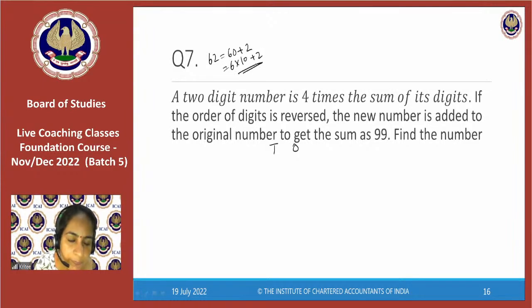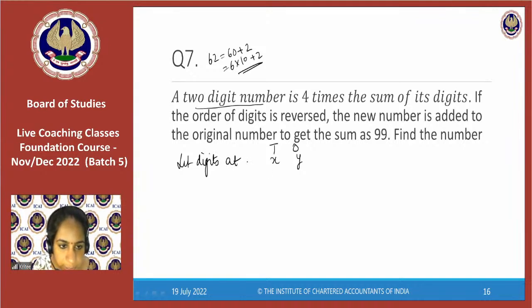It's like this, right? So whenever I have to make a 2-digit number and I don't know the digits, let the tens digit be x and the ones digit be y.